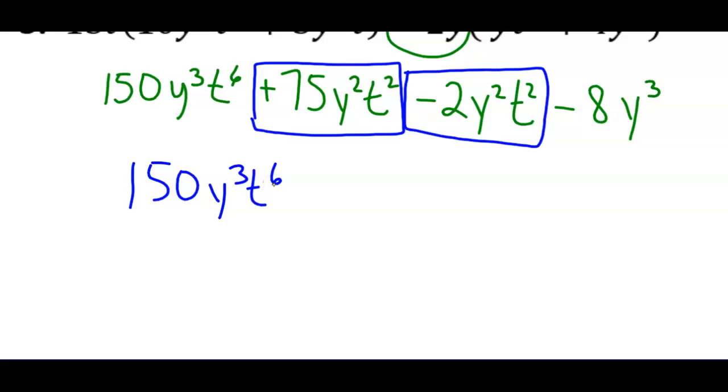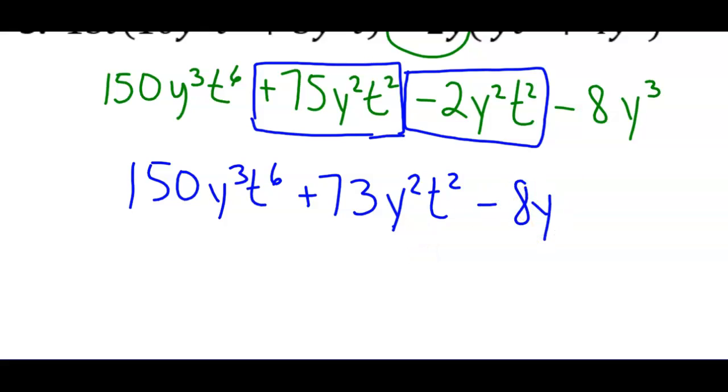I'm going to add these together and I'm going to get 73 because I'm just looking at the coefficient. I don't do anything at all with the exponents here. The reason I can add them together is because they're like terms, because they have the same variables, and then bring down my negative 8y cubed. And that's my final answer.